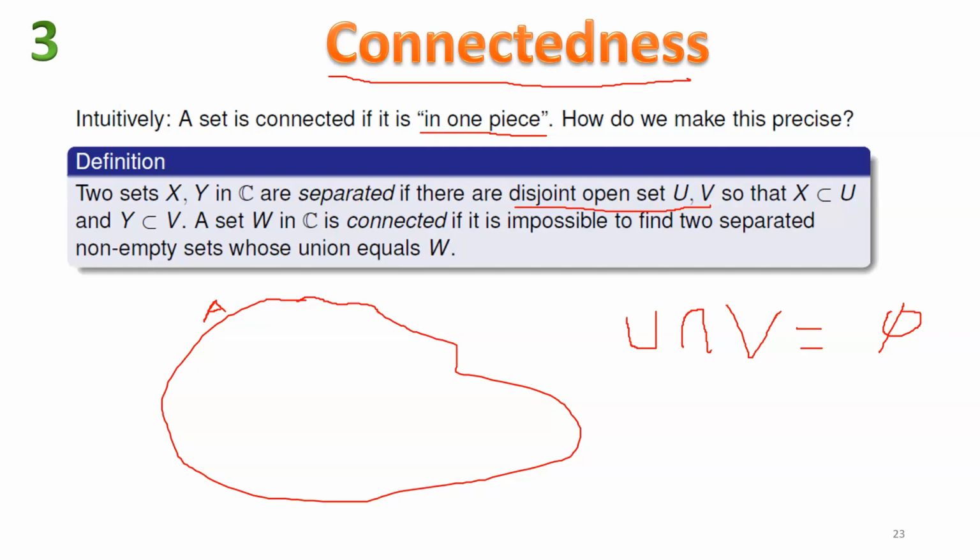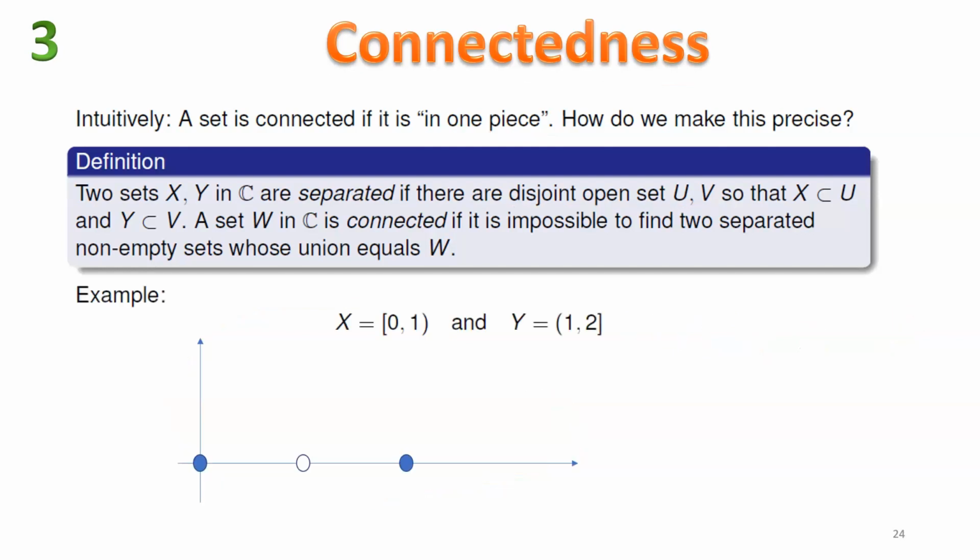A set W in C is connected if it is impossible to find two separated non-empty sets whose union is W. We shall try and understand this definition with an example. Therefore, this point 1 is a point of disjointness, and that makes sets X and Y have nothing in common.